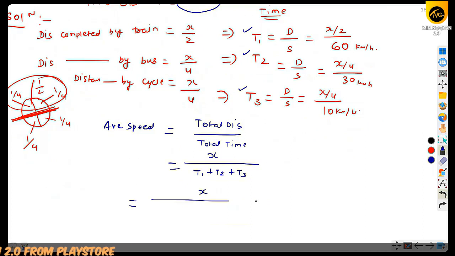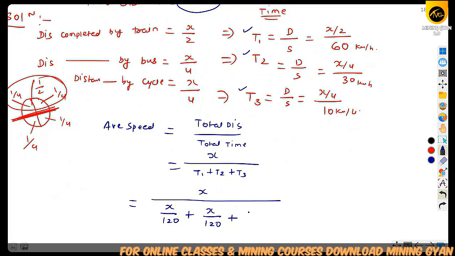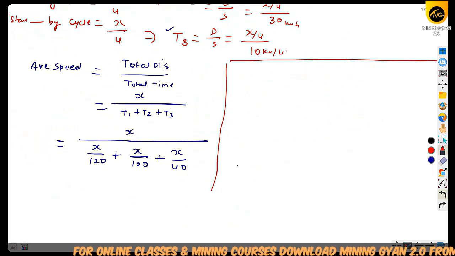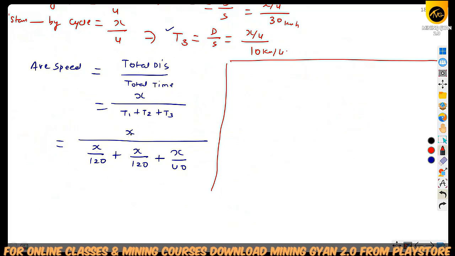It will be x divided by, t1 is x divided by 2 into 60, that means x divided by 120. Right? t2 will be x divided by 4 into 30, that means x divided by 120 again. And the last one is x divided by 4 into 10, it will be x divided by 40. Now you can take x common, and you can cancel out the x.